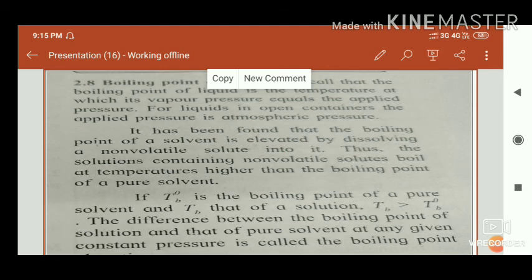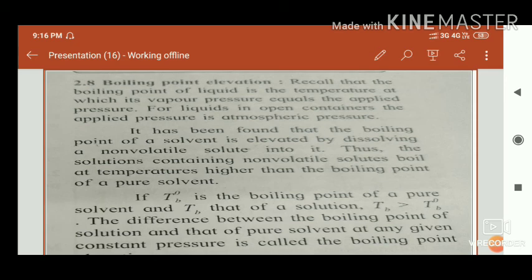If we add a non-volatile solute into the solvent, then the boiling point of the solution is elevated. Means by adding a non-volatile solute, that is a substance whose boiling point is high, means whose vapors do not form easily at low temperature.